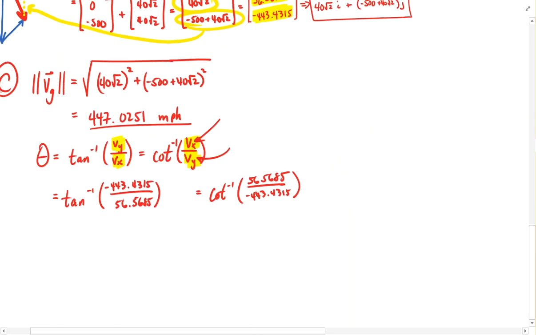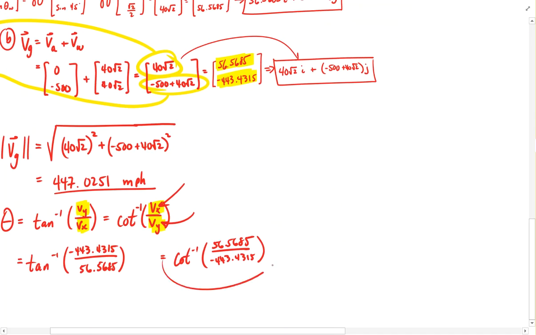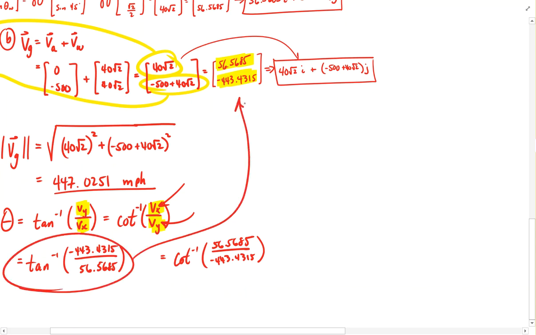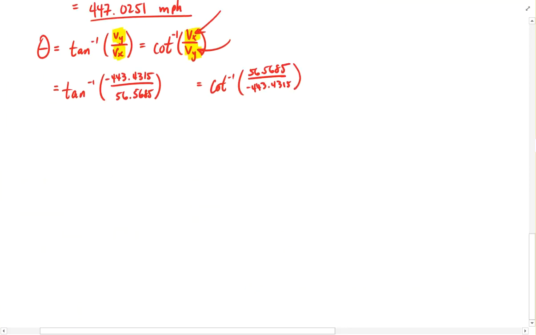So again, if I wasn't real clear before, you can notice now how this cotangent computation is set up just like the vector that we established here in this step, whereas the tangent inverse setup utilizes the same numbers just in a different order. Now from the calculator, let's see what we get.